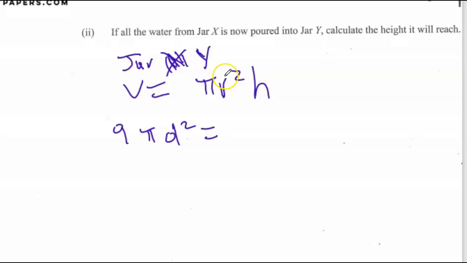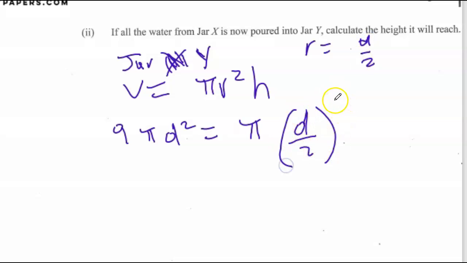And then the volume here will be pi times r squared, where r for jar Y is half d, so r squared will be d over 2 squared. And the height, that's what we're trying to find. We do not know it.